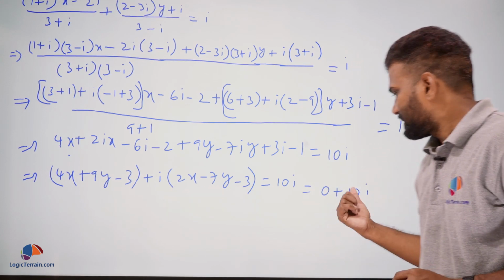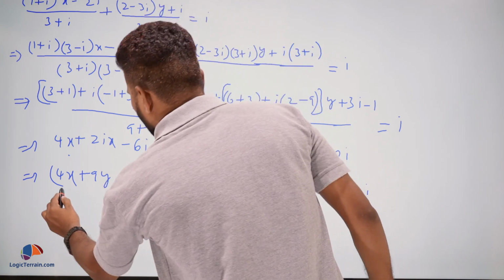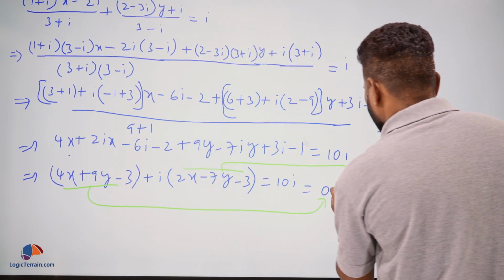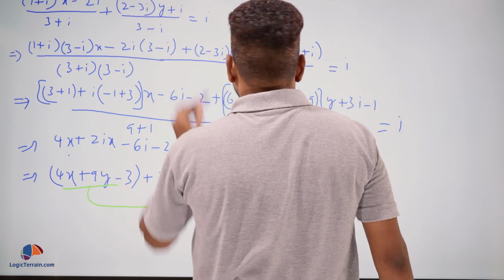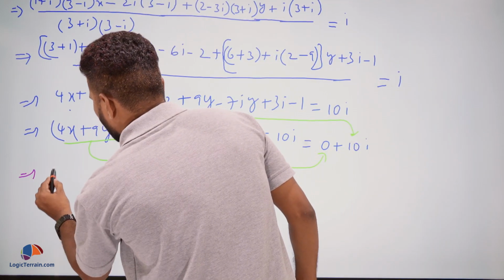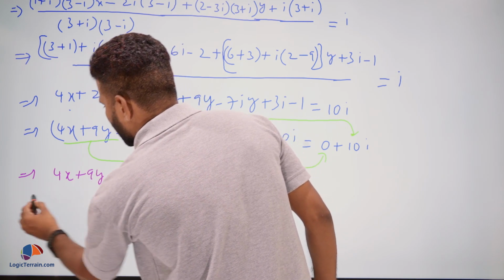So on both sides, equating real parts and imaginary parts, this part is equal to 0 and this part is equal to 10. Now 4x plus 9y minus 3 is equal to 0.